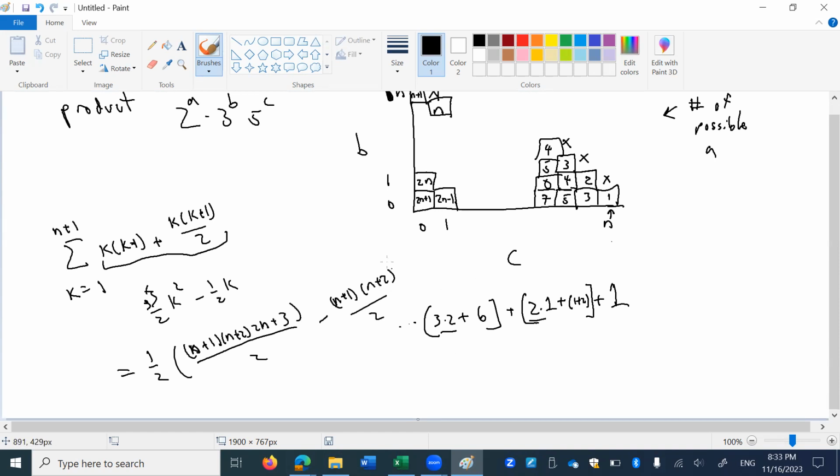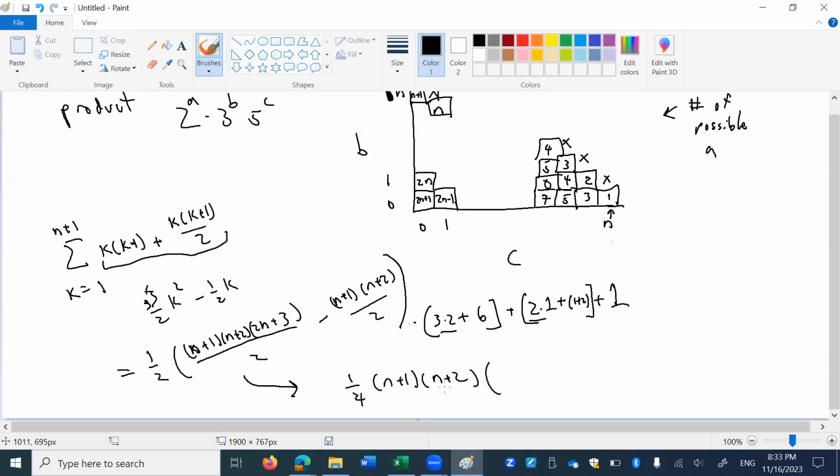Okay, so we have to take this whole expression and simplify it a little bit. And what I see is I have a common factor of n plus 1 and n plus 2. And so I've got 1/2 times n plus 1 times n plus 2 times, and actually I'll factor out the 1/2 also.